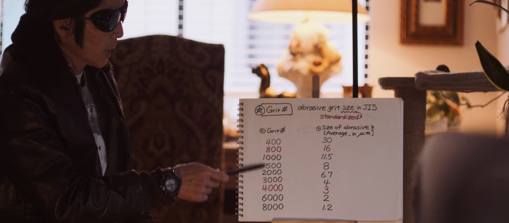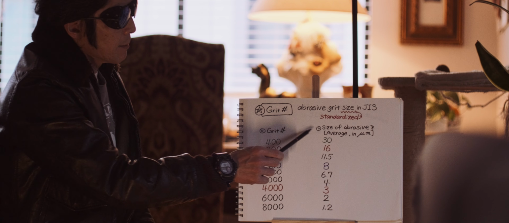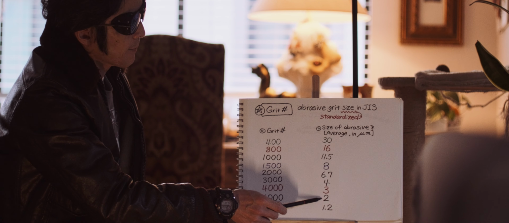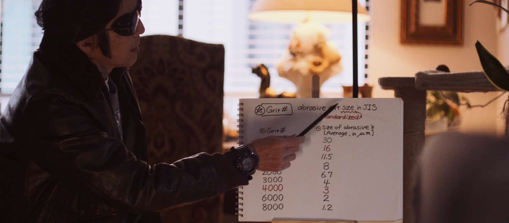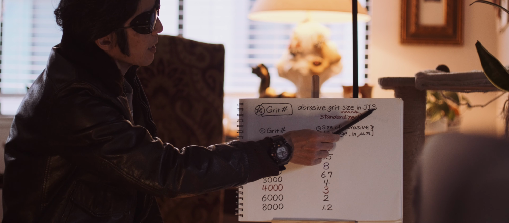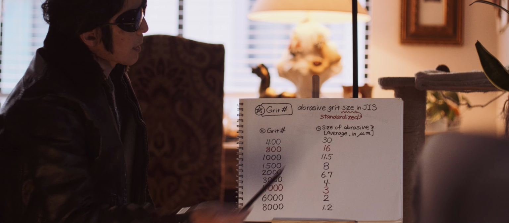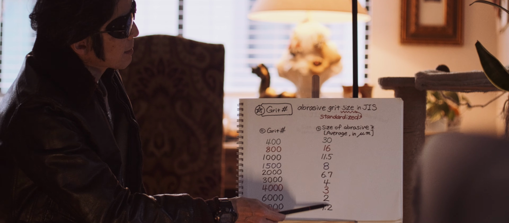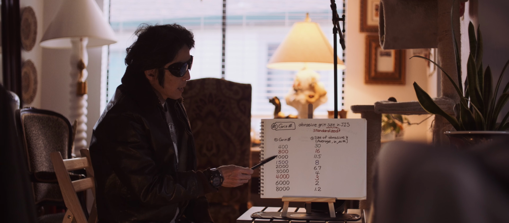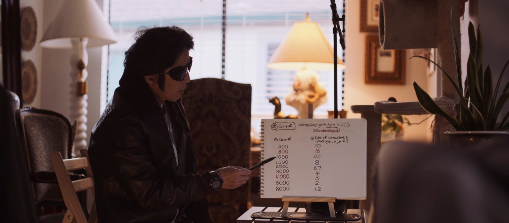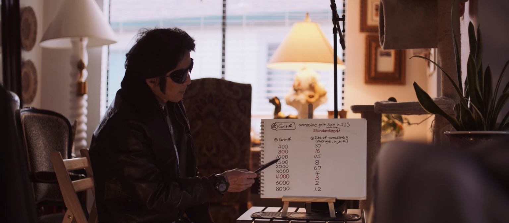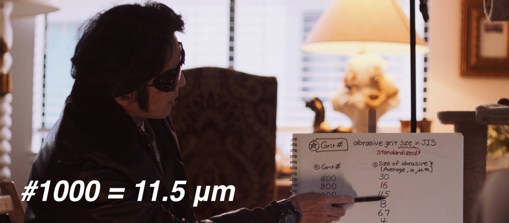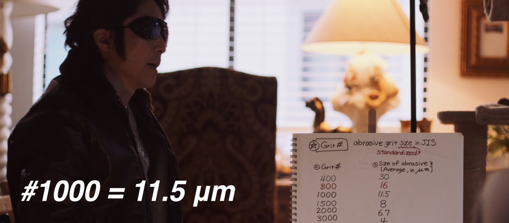These are the grit numbers, and these are the average size of abrasive by JIS, Japanese Industrial Standard. Yes, these are standardized. So let's take a look at one of the most common medium grit stones, 1000. 11.5 micron, right?